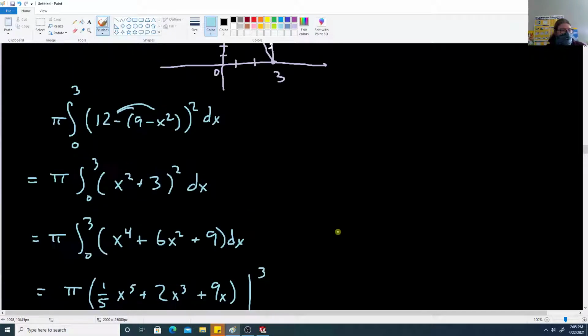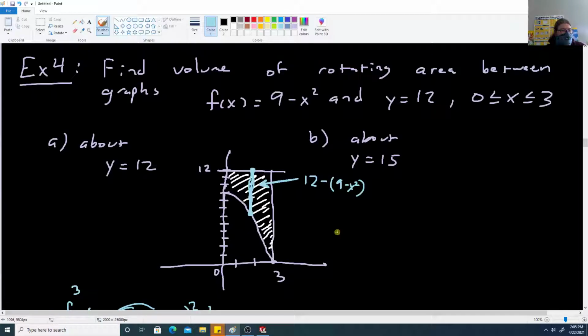Okay, for part B, what if instead of revolving along the line y equals 12, we revolve around a line a little bit higher, 13, 14, 15, so we have a line up here at y equals 15 that we want to revolve. Now there is an outer radius, which will be from here up to here, and there'll be an inner radius, from there up to there.